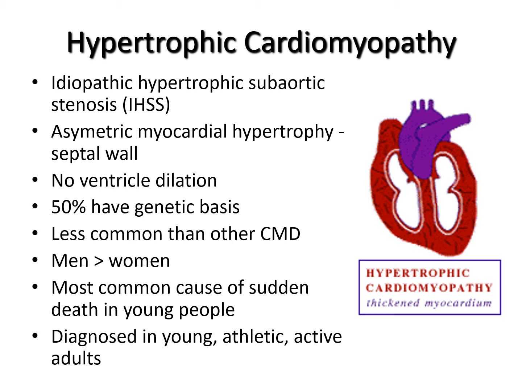There is no ventricle dilation. It is, though, less common than other cardiomyopathies. It occurs more often in males than females, and it is the most common cause of sudden death in young people. Oftentimes it's diagnosed in young, athletic, and active adults.